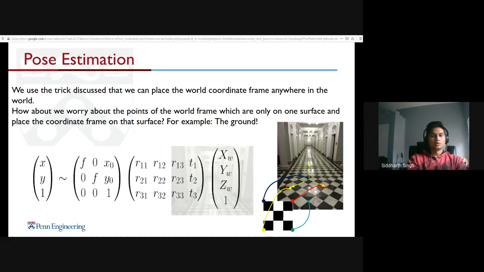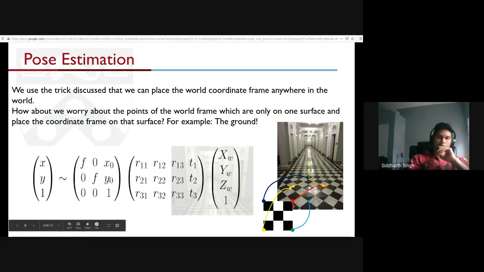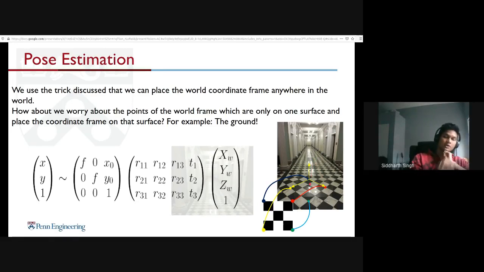Can anyone tell me why I would do that? To make it clearer, the points that I'm interested in, the points that I'll be looking at, are these dots: blue, red, green, yellow. And I've placed my world coordinate frame on this surface. The only points that I'm going to see in this world are on the ground, and I've placed my coordinate frame itself on the ground.